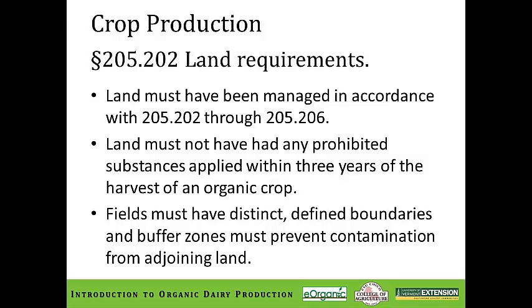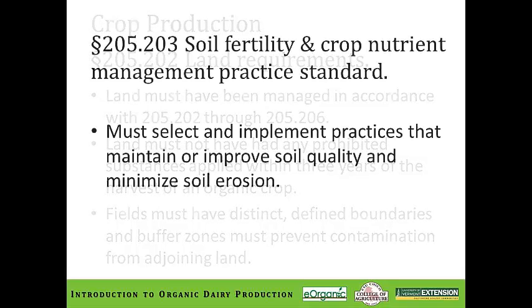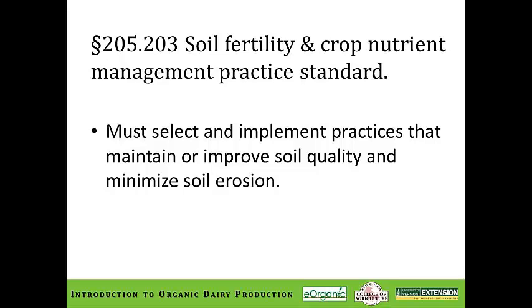So that is where the requirement for a 3-year transition for the land is stated. It goes on to state that fields must have distinct defined boundaries and buffer zones to prevent contamination coming from adjoining land.